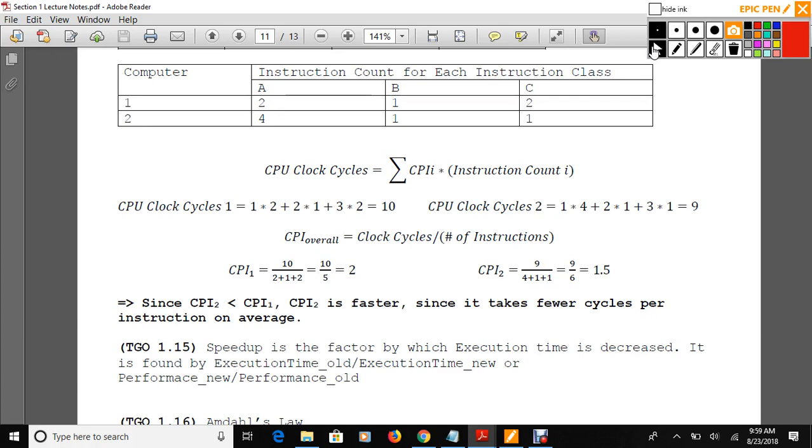A common mistake is that they will take the speedup of a specific instruction type and apply it to the whole computer and say, instead of just improving the arithmetic instructions, I've improved the entire computer by a factor of 2. That's, of course, incorrect. It's a very common mistake that students make on exams, and a less common mistake in industry, but it's a common mistake. You don't want to mischaracterize your product to your customer.